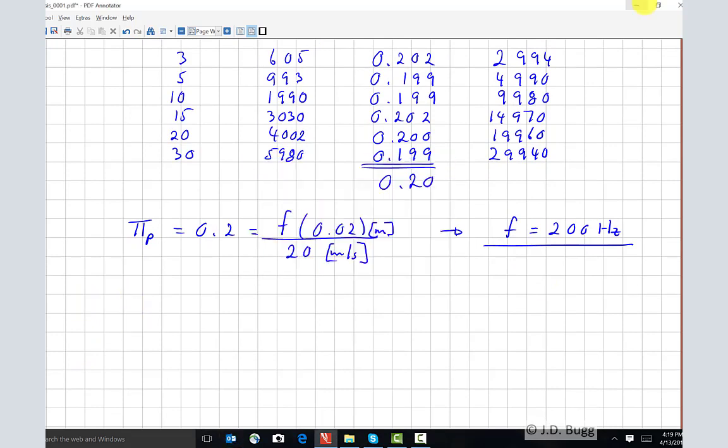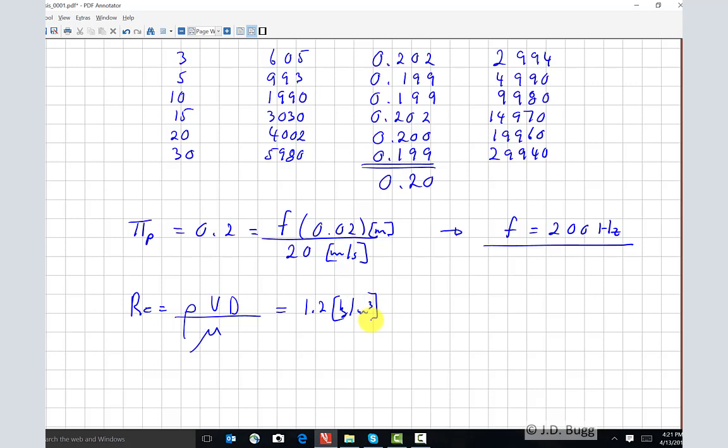So we need to calculate the Reynolds number for the prototype. Remember, our Reynolds number, which is our second pi group here, is equal to the density times velocity times the diameter of the cable divided by the viscosity. For the prototype situation, the fluid is air. So the density is 1.2 kilograms per cubic meter, just at standard atmospheric conditions.